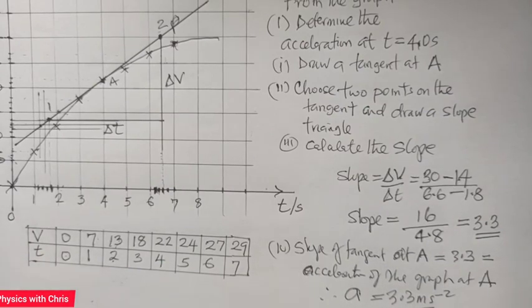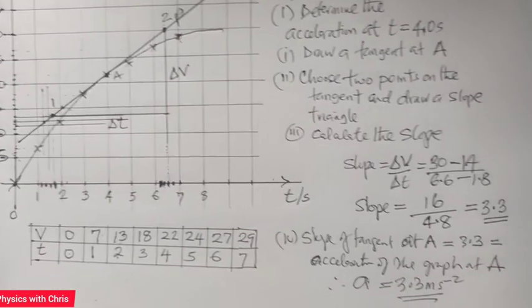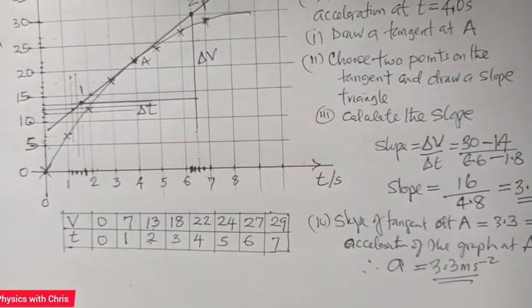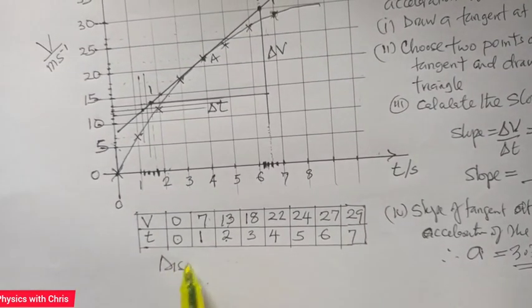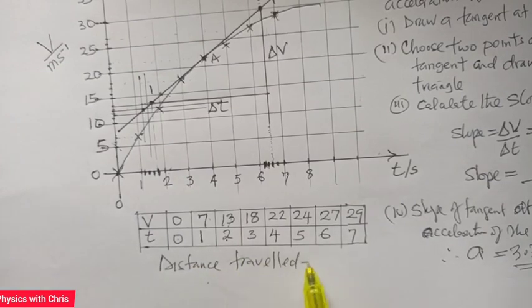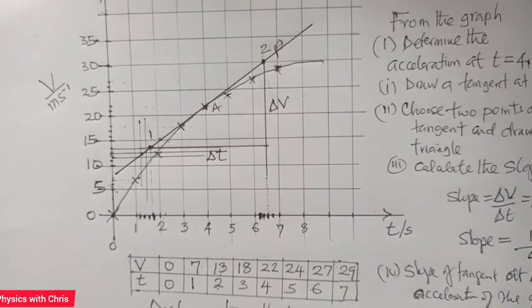That is how to calculate or determine the acceleration from a non-linear velocity-time graph. How about if we have to calculate the distance traveled from the same graph, the distance covered? Recall I said distance covered is determined from the area under the graph.